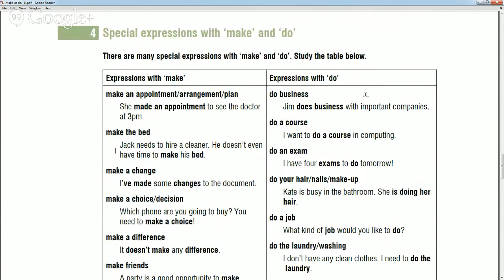So we do business. Okay, can you read that one? Jim does business with important companies. What kind of company? What are important companies? For example, a kind of owner company.